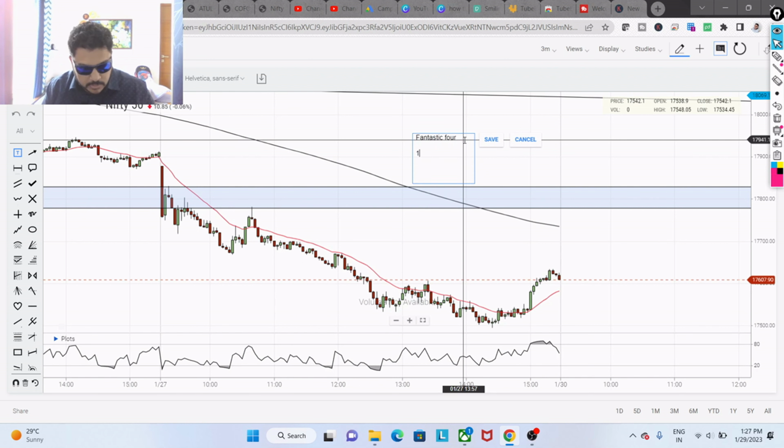What are the things we are going to have in this Fantastic Four? Obviously, the name suggests Fantastic Four, so we have four things which need to be covered. One is our 20 and 200 moving average. Number two, previous day high and previous day low.